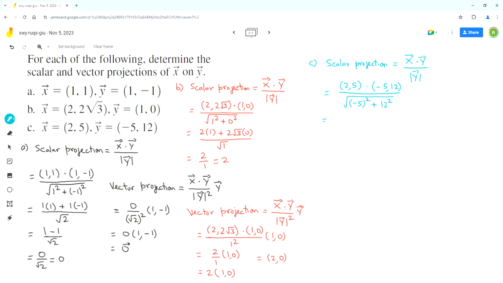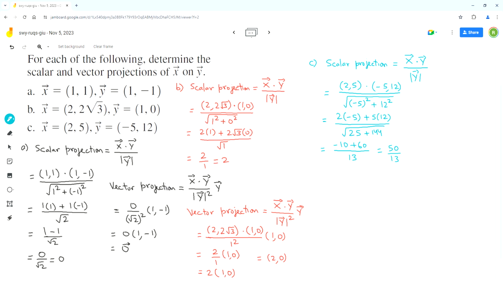So we multiply the x and y components. So in the denominator, 25 plus 144 is 169, and the square root of that is 13. So this is the scalar projection for part C.